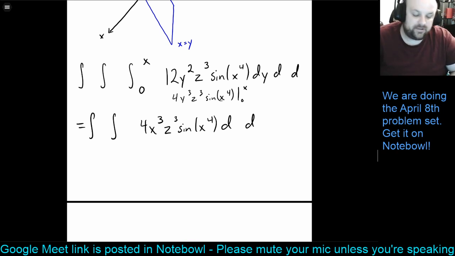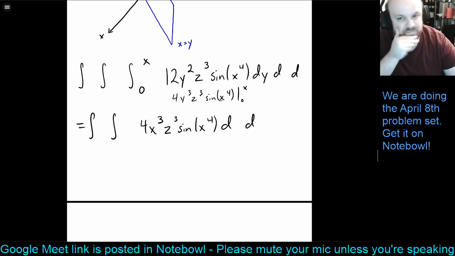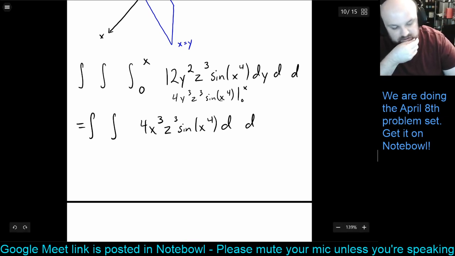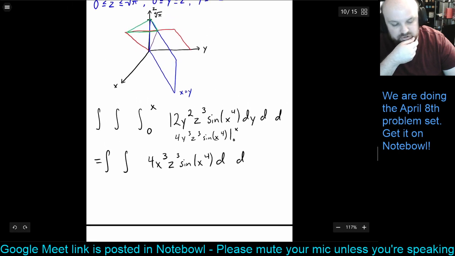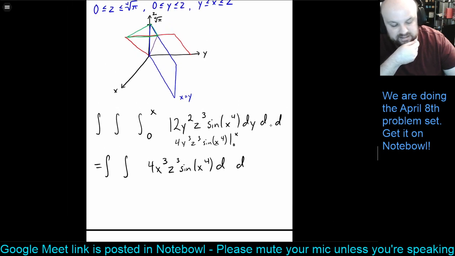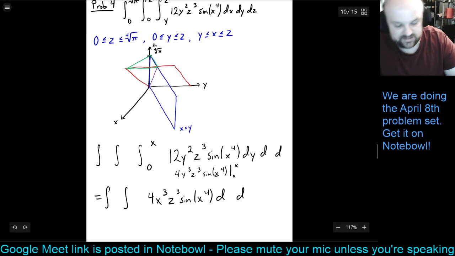So at this point, can we integrate this with respect to, or does it matter what order we integrate in? Either x or z first. So what we might want to do is try and figure out the shadow in the xz plane of this.